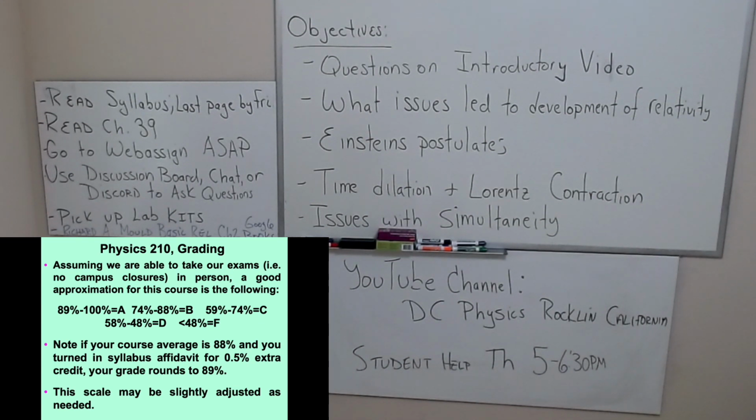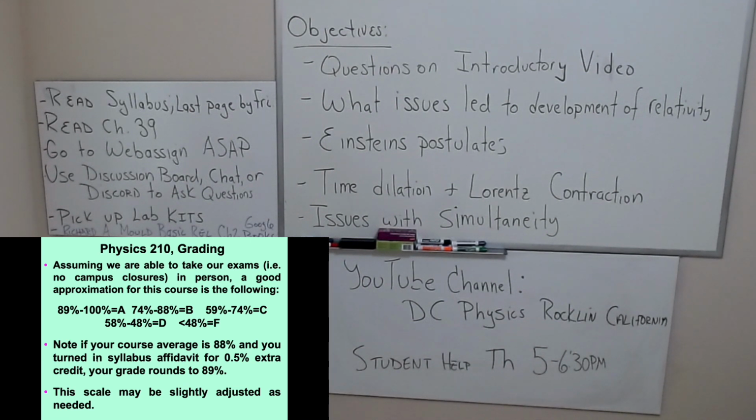Other questions? So anyways, as we discussed before, what you see on the screen is the grading scheme that I'm going to be using this semester, assuming all my exams are in person.